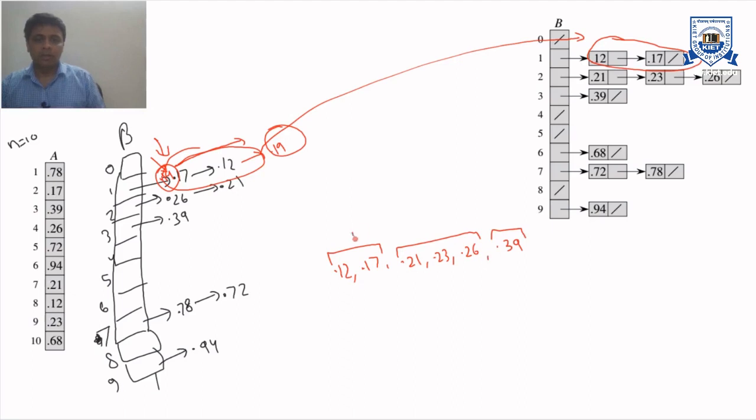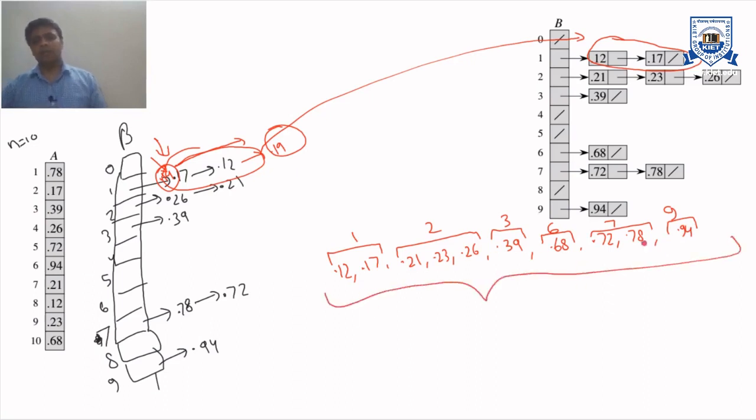Bucket 4 and bucket 5 don't have data, bucket 6 has 0.68, and bucket 7 has two data, 0.72 and 0.78. Bucket 8 has no data, and bucket 9 has 0.94. So this is our final answer, the sorted list.